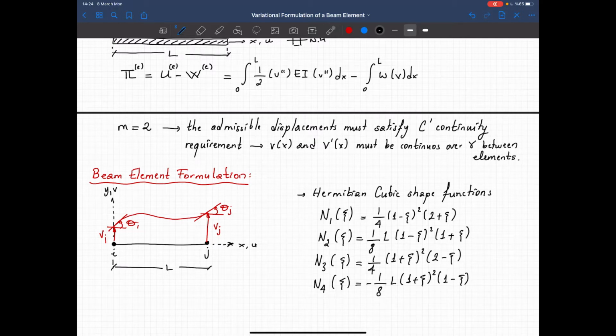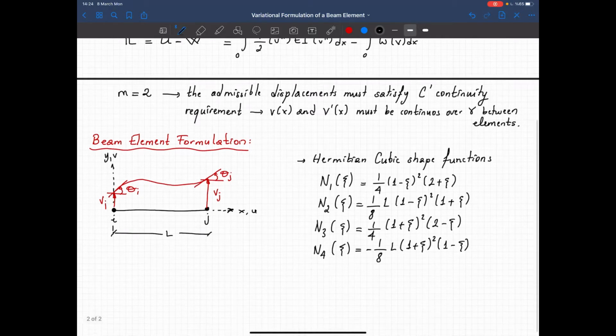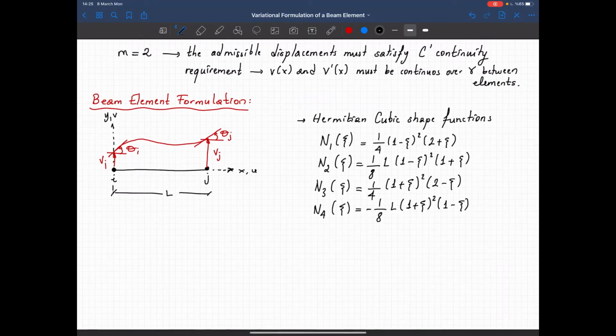This family of shape functions is called the Hermitian cubic polynomials. When I draw the shapes you will find them very familiar. So when you draw the N1, this is what it looks like.